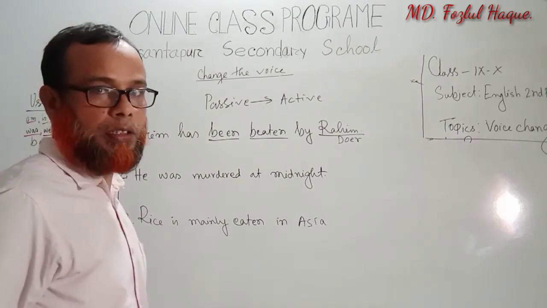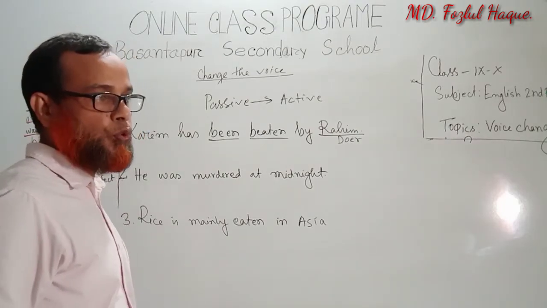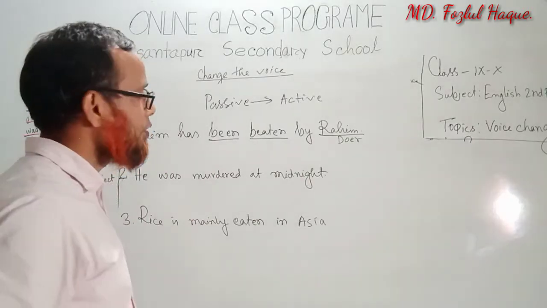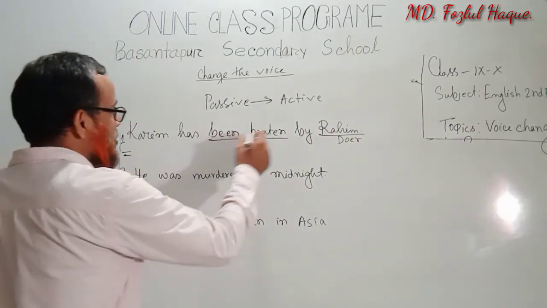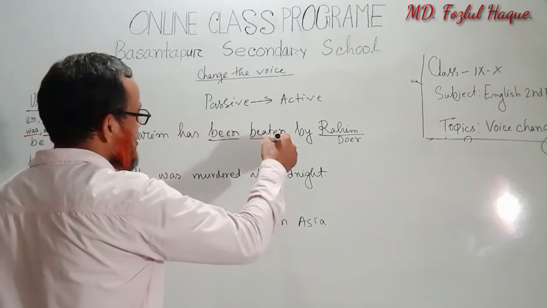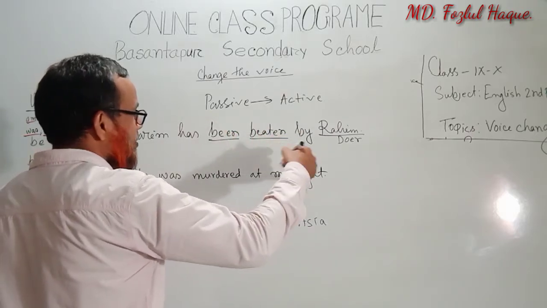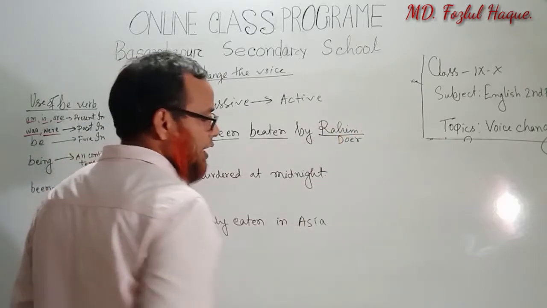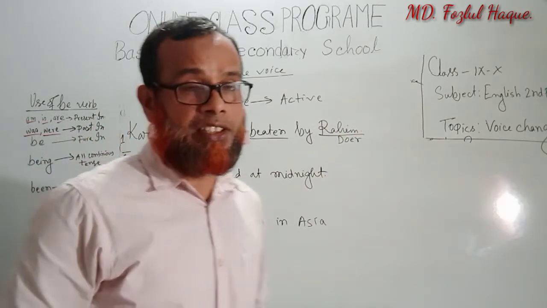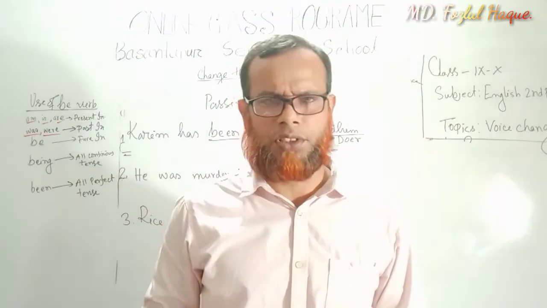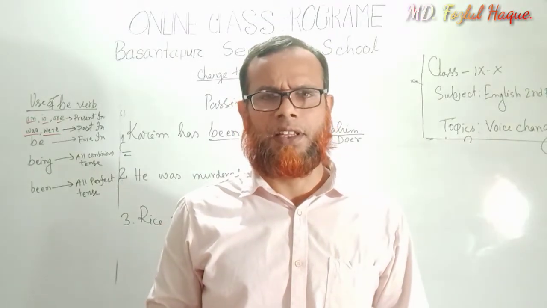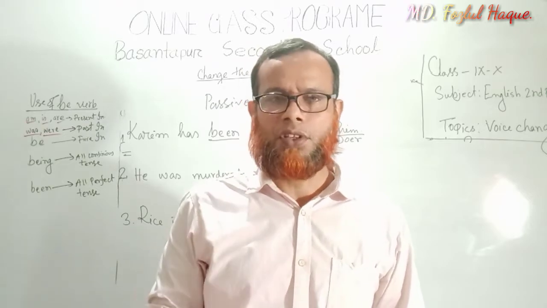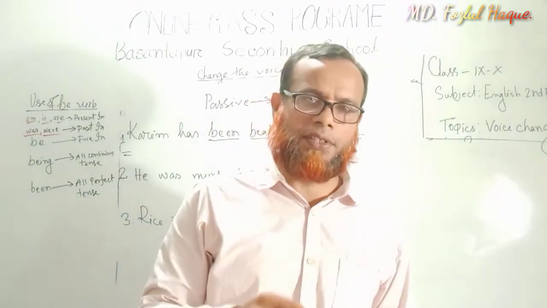Who is the doer? The doer is the person who does the activity, any performance. So, he has been beaten. This work has been done by Rahim. So the doer is Rahim. A very important point to make active from passive is that in active voice the doer is used as the subject.